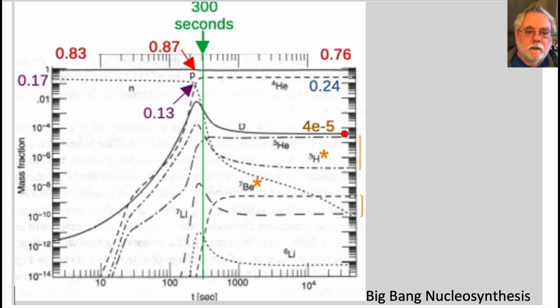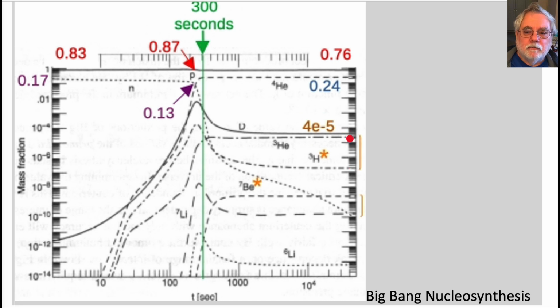Deuterium here, helium 3 here, and hydrogen 3 here are lesser end products of Big Bang nucleosynthesis.